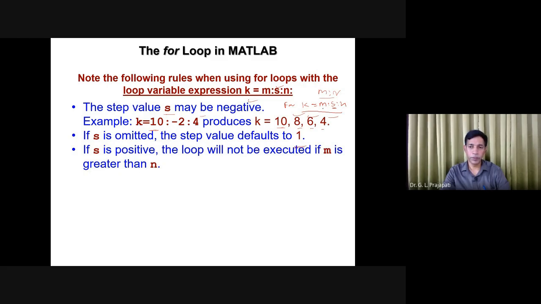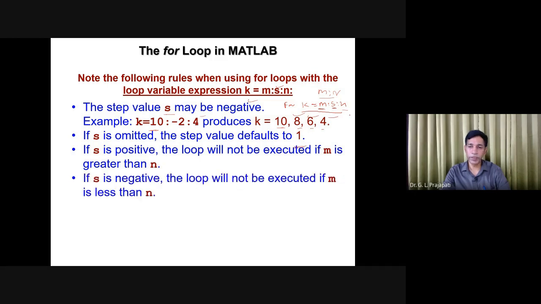If m becomes more than n and s is positive, then the loop will not be executed. You have to remember, because s is positive and the initial value is higher than the last value.